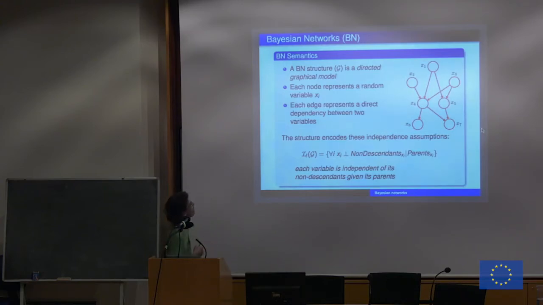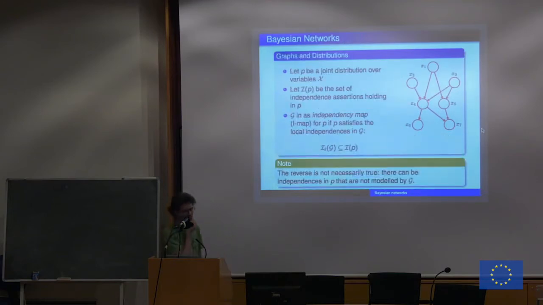And the local independencies that are represented in the network, okay, I_LG, L stands for local, are these: for each node, okay, Xi, the node is independent of its non-descendants given the parents, okay? The non-descendants are all the nodes which cannot be reached from the node going down through the arrows, okay? This is what the Bayesian network encodes in terms of local independencies.